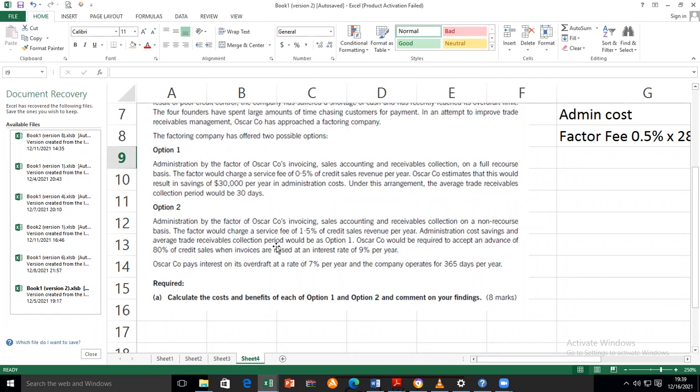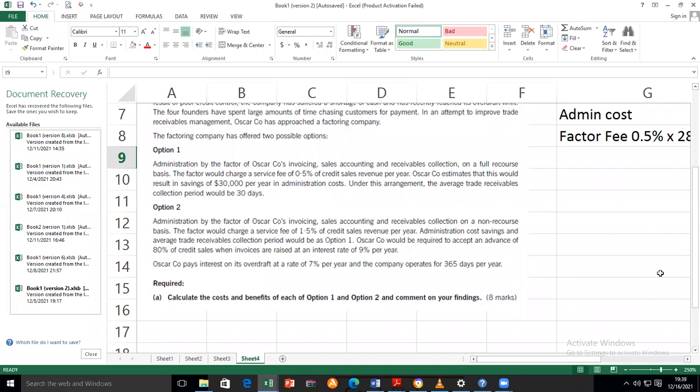Admin cost savings and average trade receivables collection period would be as per 1. Also, company would require to accept an advance of 80% of trade sales when invoices are raised at an interest rate of 9% per annum. And then the company pays that overdraft rate of 7%. Okay, good.